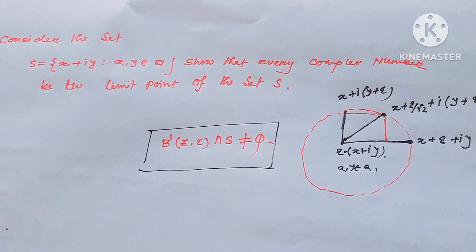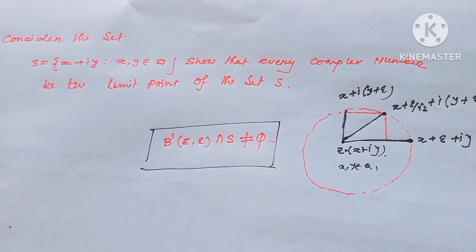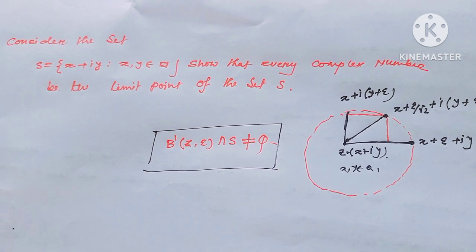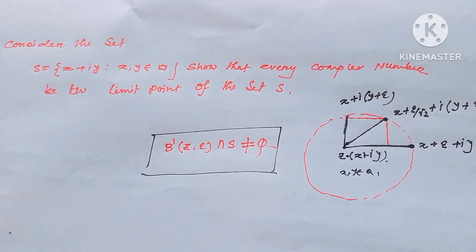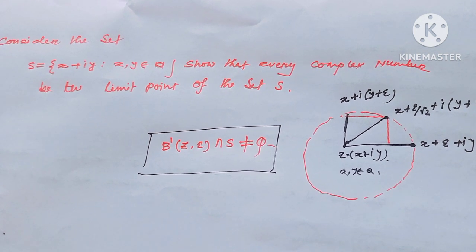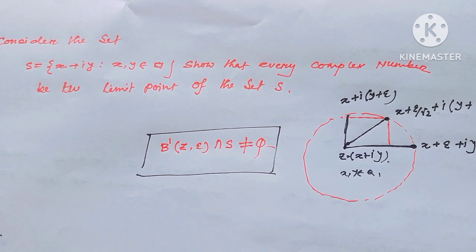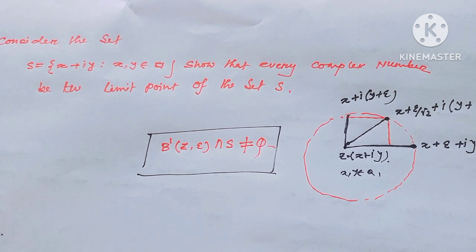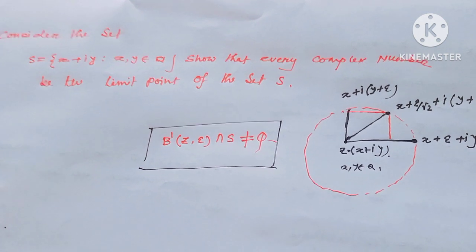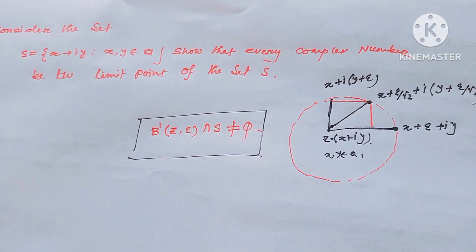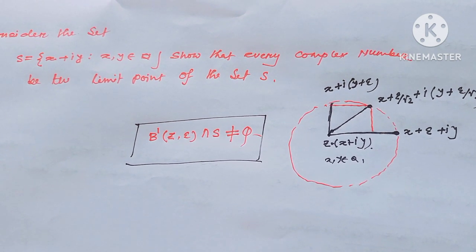And this is true for all complex numbers. This property is true because all points with rational coordinates are dense in the complex numbers. So all these points are limit points of the set S. I hope all my viewers have understood. Just see the picture, and you can understand it in a better way.